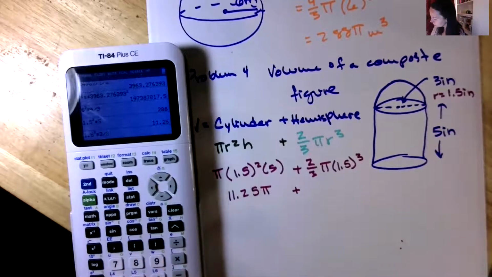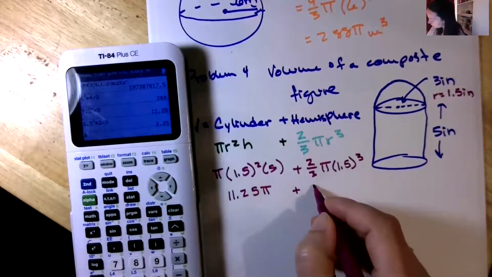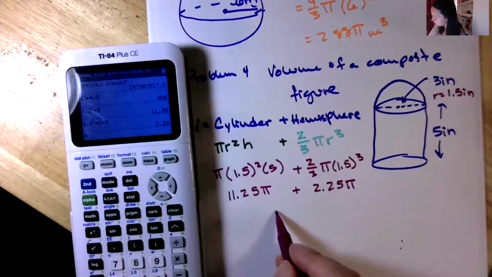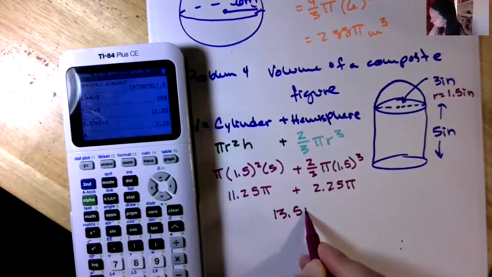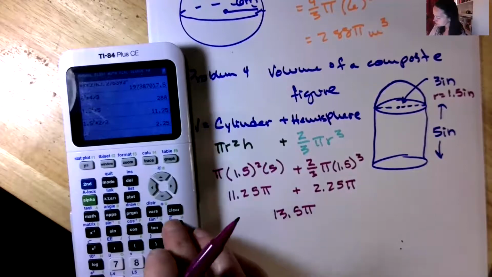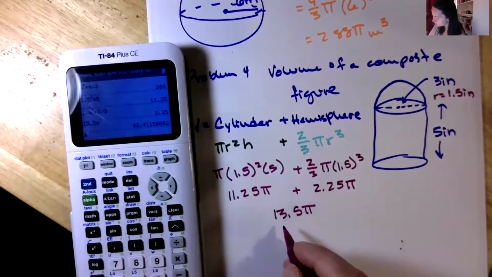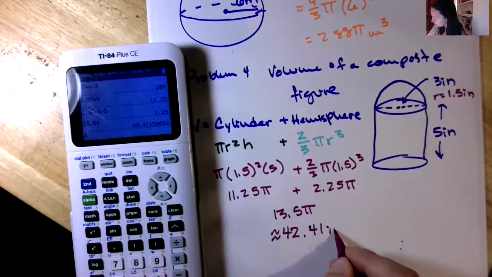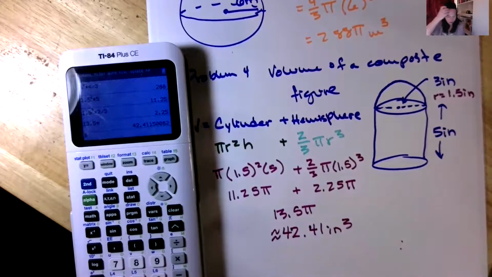Times 2 divided by 3. So that's going to be 2.25 pi. When I add those together, I get 13.5 pi. 13.5 pi is equal to 42.41 inches cubed. And this wanted us to round.